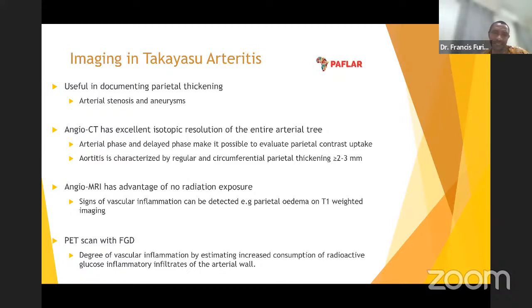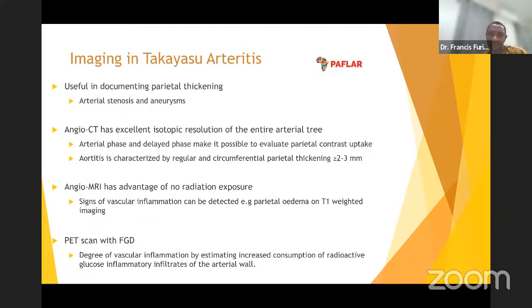Another imaging modality is the PET scan, which we've seen in the images that were shown by Professor Isabel, showing the degree of inflammation by the uptake of radioactive glucose in the infiltrate in the arterial walls.